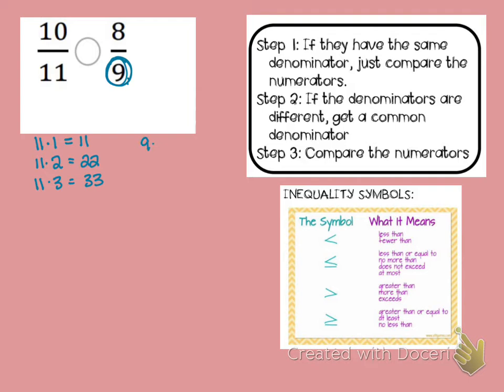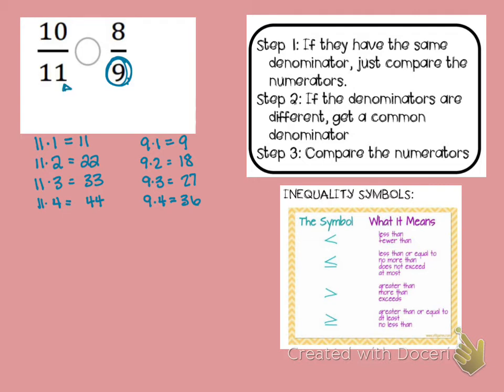So then 9 times 1 is 9. 9 times 2 is 18. 9 times 3 is 27. So we still haven't matched up here yet. 11 times 4 is 44. 9 times 4 is 36. So you just keep going to find the least common multiple.